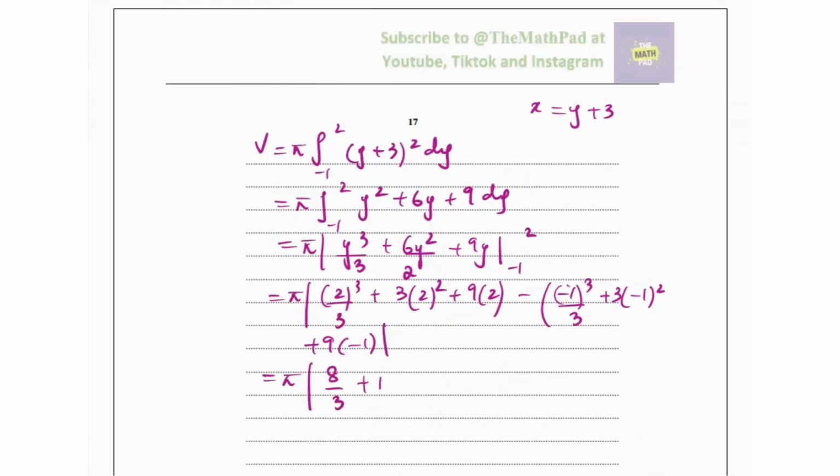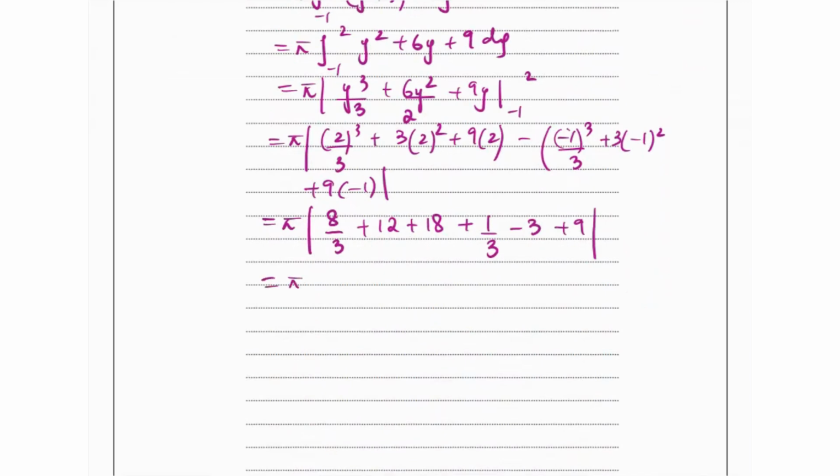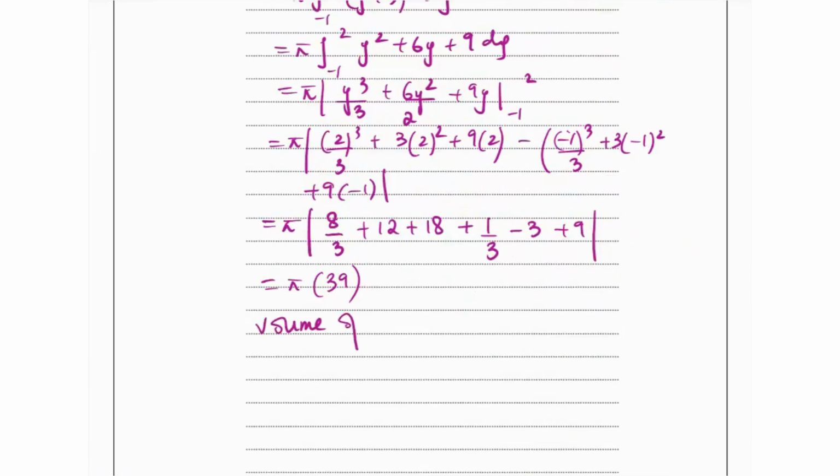Eight over 3 plus 12 plus 18, minus (negative 1 over 3 plus 3 plus 9?). So that's 39 pi. So the volume of the shaded region is going to be the difference: 39 pi minus 78 over 5 pi. That's going to be 73.51. And with that, we're done with the questions for integration.